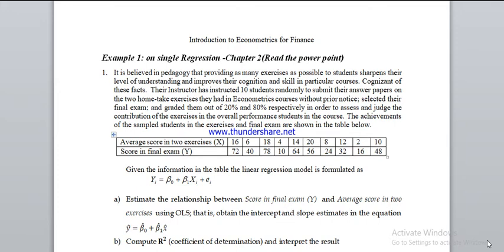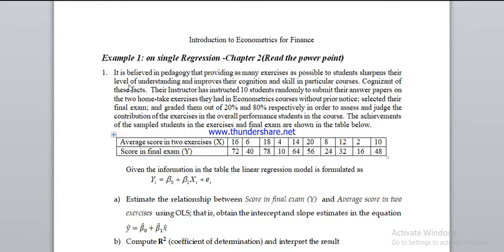The main difference is that chapter 2 is a case of simple regression, that is, the relationship between two variables only, related in linear form, whereas chapter 3 is the case when we have more than two variables. So let us see first the examples on chapter 2.